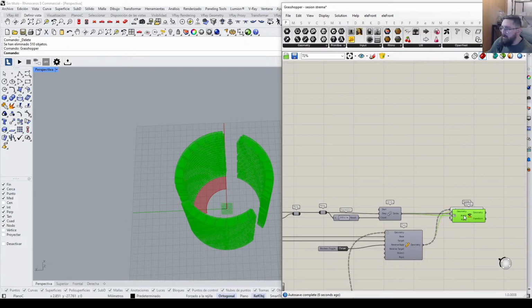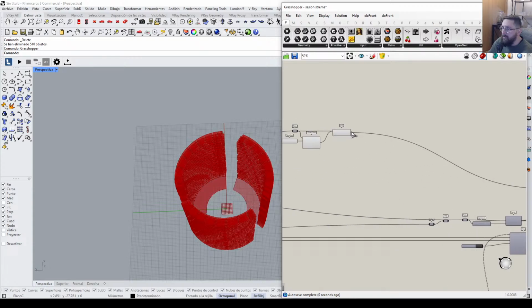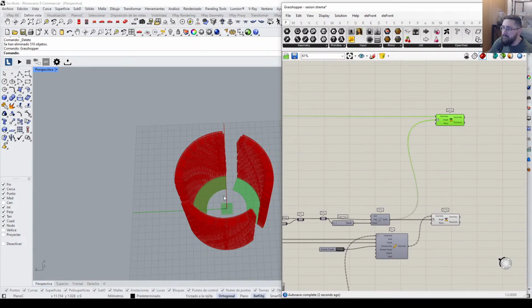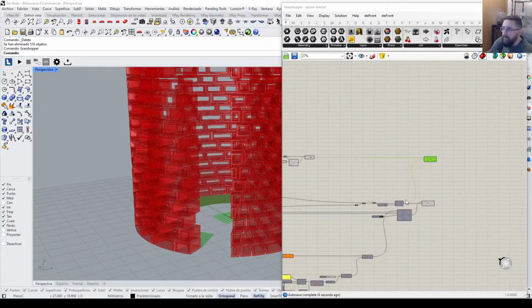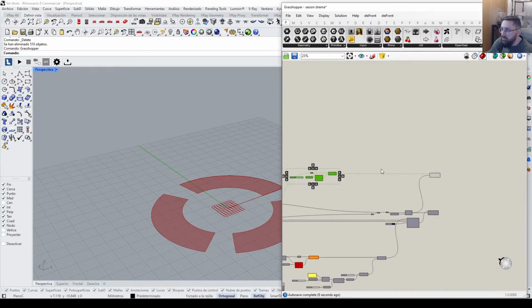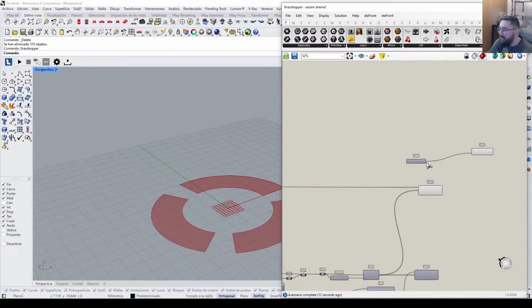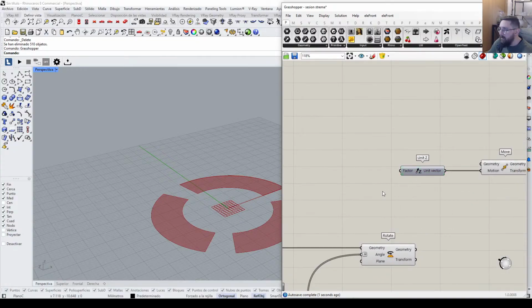Rotate. Loading. I have this. Okay. Turn this off for now. I am going to do a move. Z series.